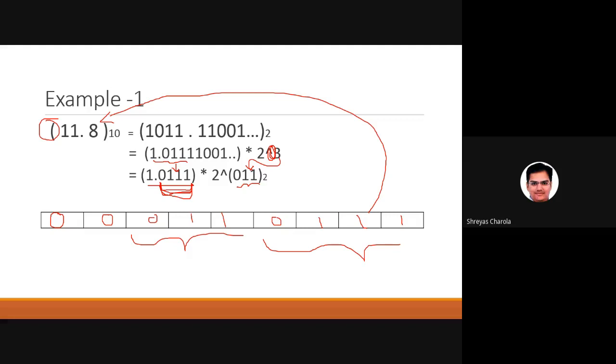In a sequence. Okay, those who wrote, they can leave.